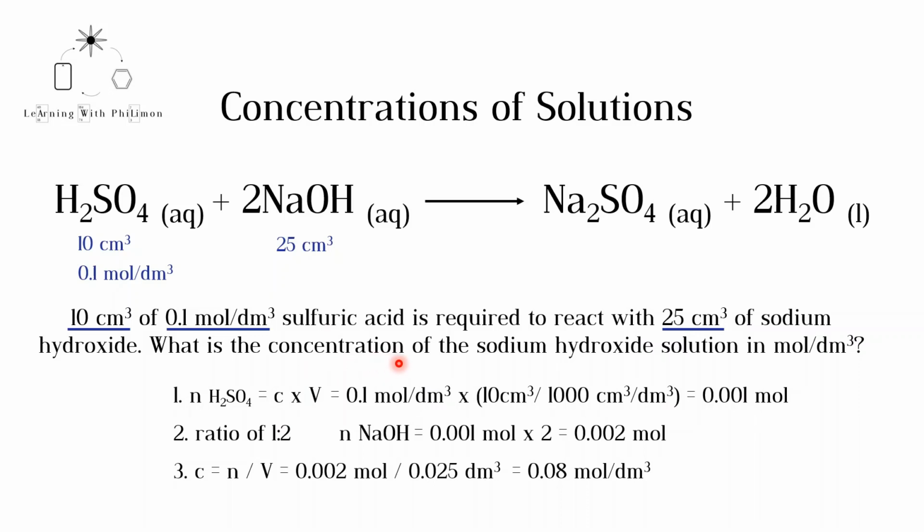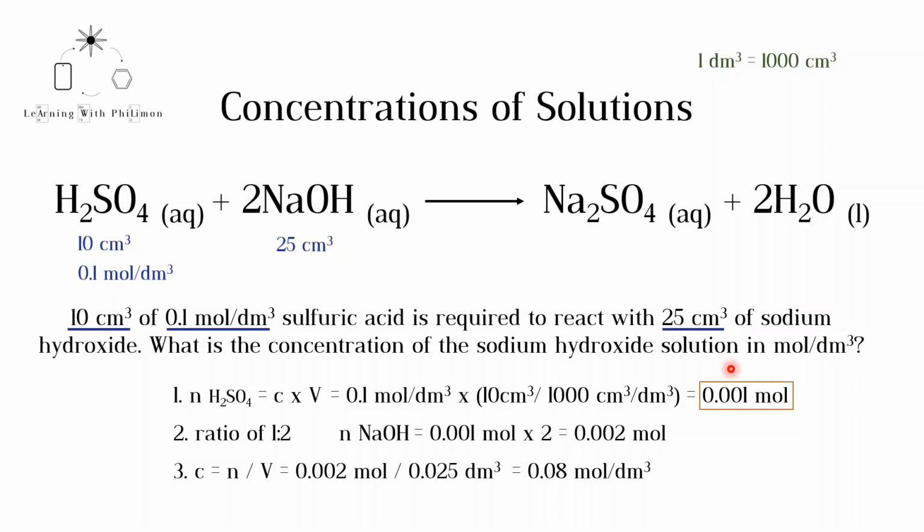Note that as the concentration is given in mole per dm cubed, we need to convert the volume from cm cubed to dm cubed. There are 1,000 cm cubed in 1 dm cubed. Therefore, we divide 10 cm cubed by 1,000. There are 0.001 moles of sulfuric acid.